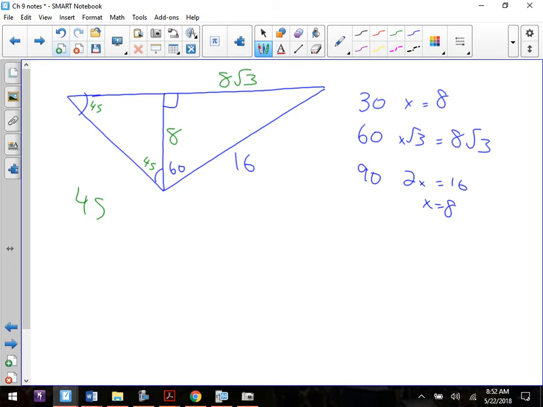So 45, 45, 90. It is so much faster to use your specials as opposed to trig. A lot less mathing.